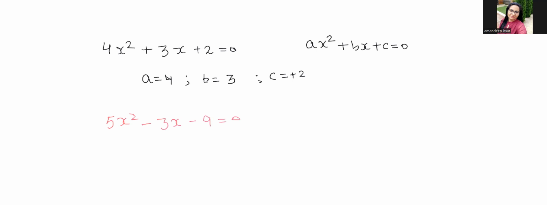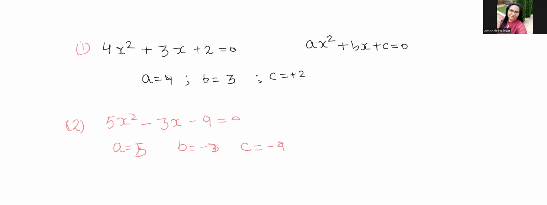If we compare with the standard equation, what will be a? a is 5, b is negative 3, and c is negative 9.